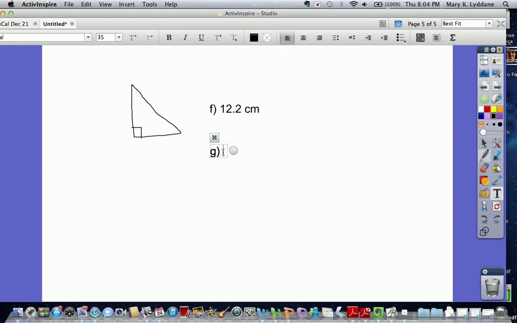And then to find the curved area, we take pi times the radius times the slant height. Use the unrounded value.